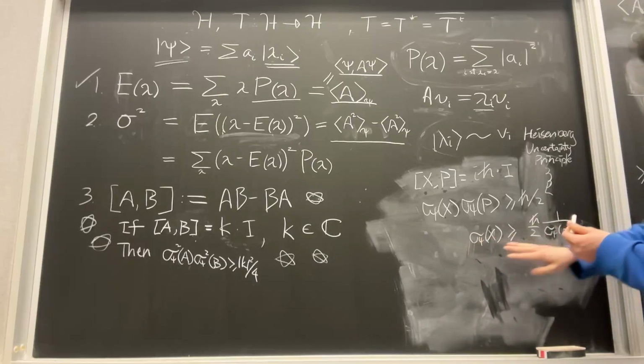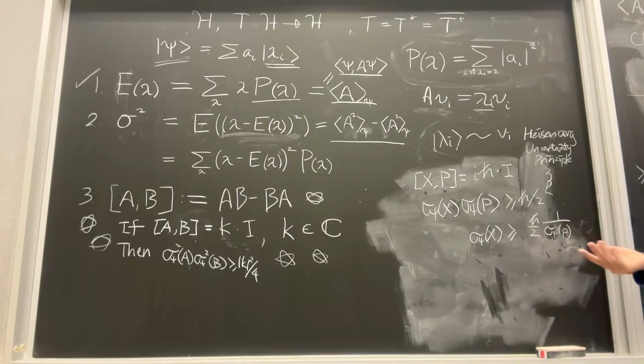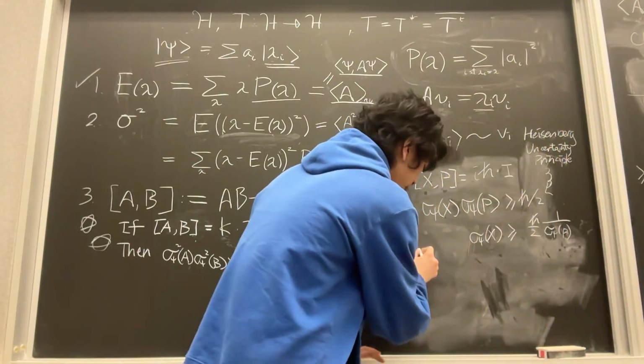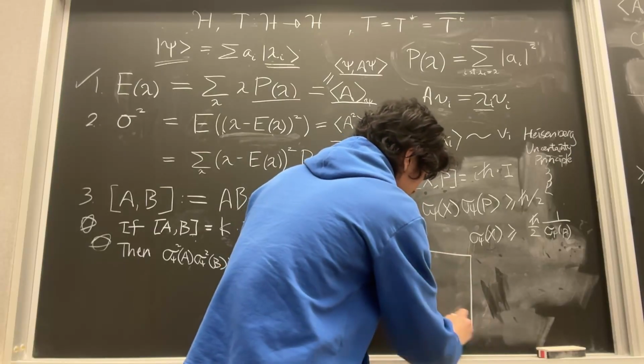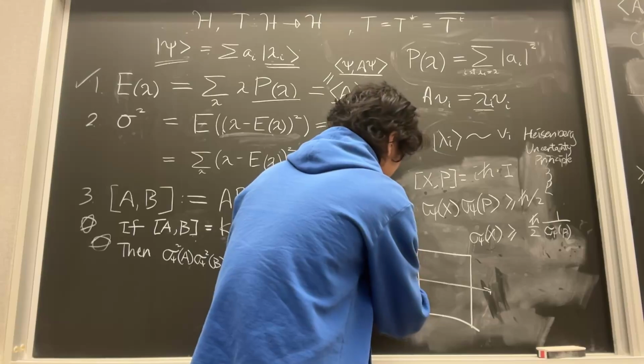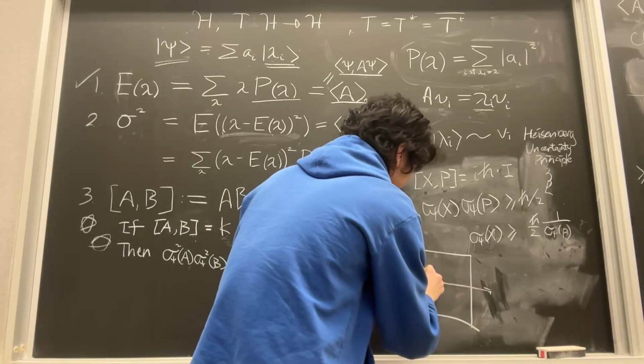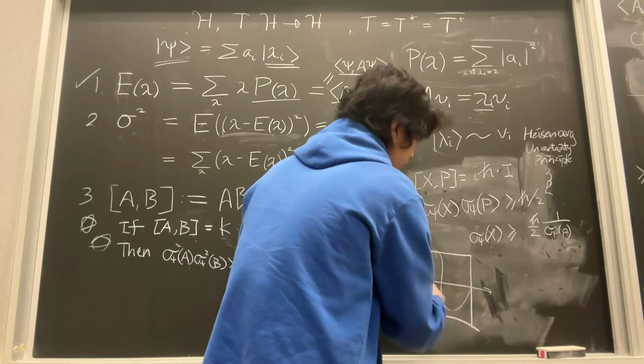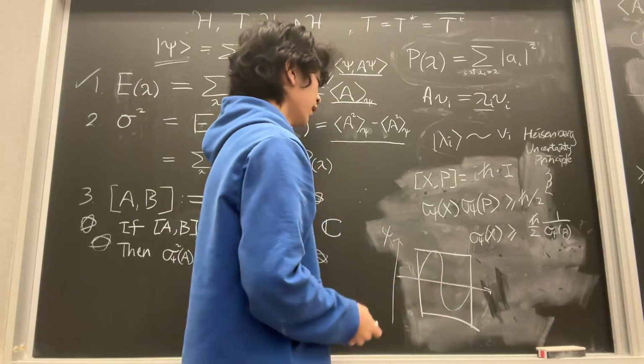Okay, so let's apply this to something we've seen before. Perhaps particle in a box, right? That's the only thing you guys have solved. Let's draw a box, which has some wave function living in it. Let's just assume it's some wave, doesn't matter.